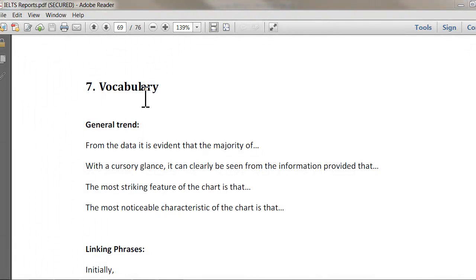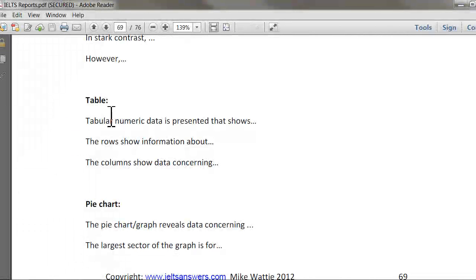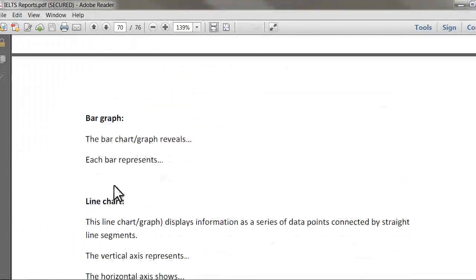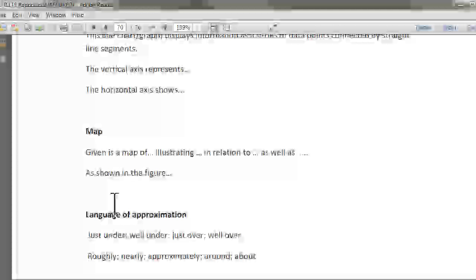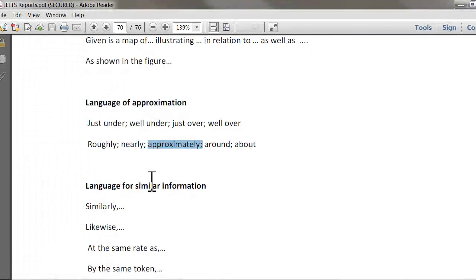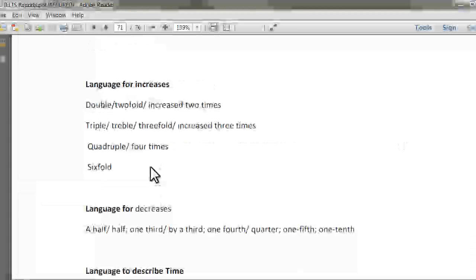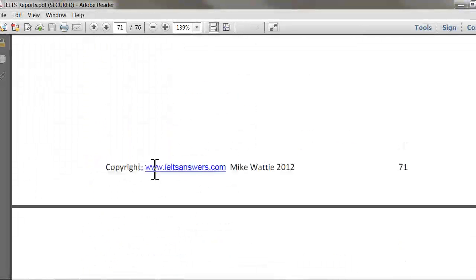So at the back of the book, I've got a section on vocabulary and some different types of phrases in general, and then for different types of tasks like tables, pie charts, bar graphs, line graphs, maps. Some language of approximation. Sometimes numbers aren't precise. You can't see exactly what they are. It's approximately. Nice word. So some different types of language here that's useful as well, I think.